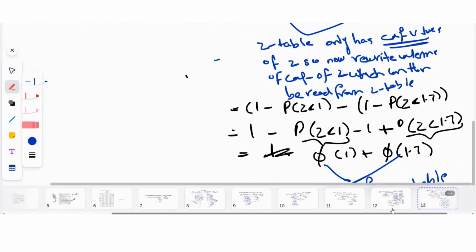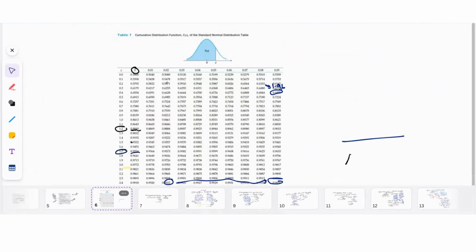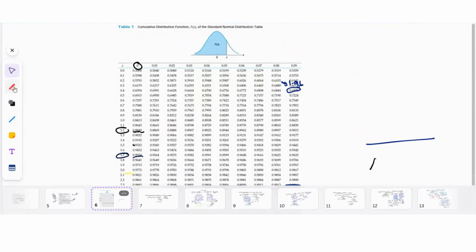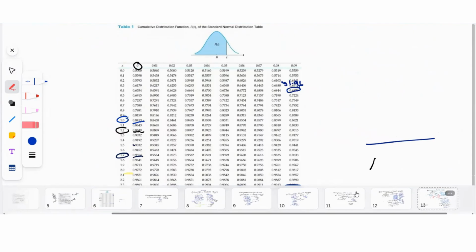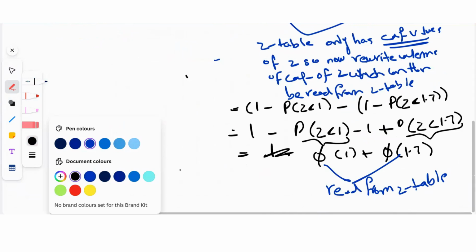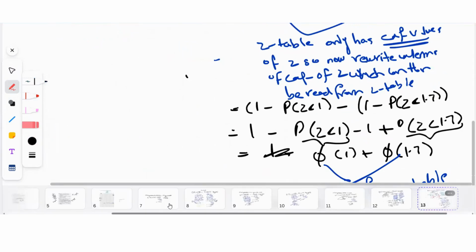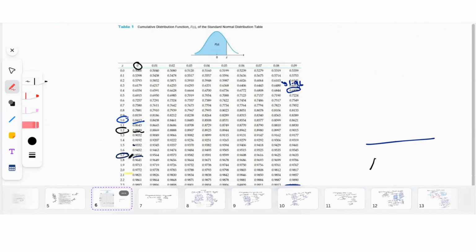So if we go back to the z table, let's read for both 1 and 1.7. If I first read for 1, this is the z value up to the first decimal place, 1.0, and the second decimal place is 0. So this probability is 0.8413. Then for Phi(1.7), if you go back to the z table, 1.7 is the z value correct to the first decimal place, and then the second decimal place is 0.